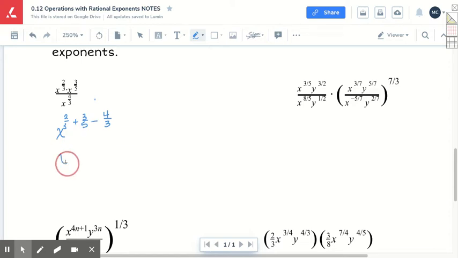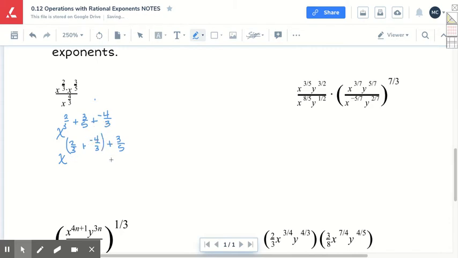So I'm going to do a little bit of rearranging just to make things easier for me. This minus 4/3 on the end, I'm treating it like it says plus a negative 4/3. So when I move it around using the commutative property, this would be plus negative 4/3, and then the plus 3/5.